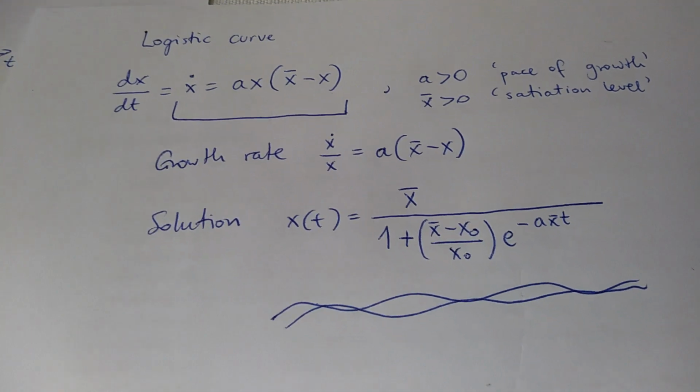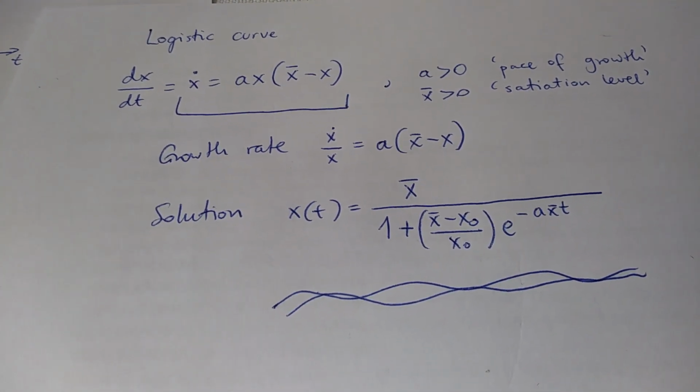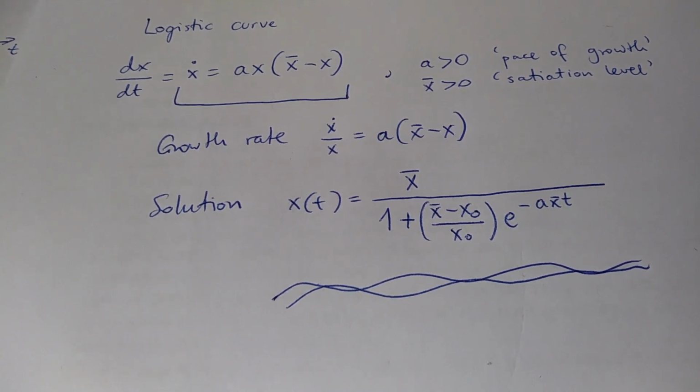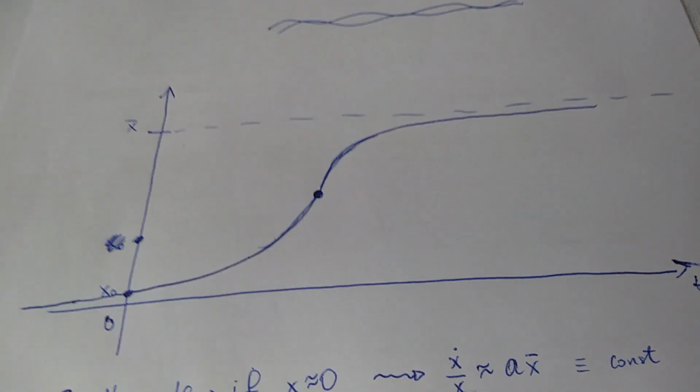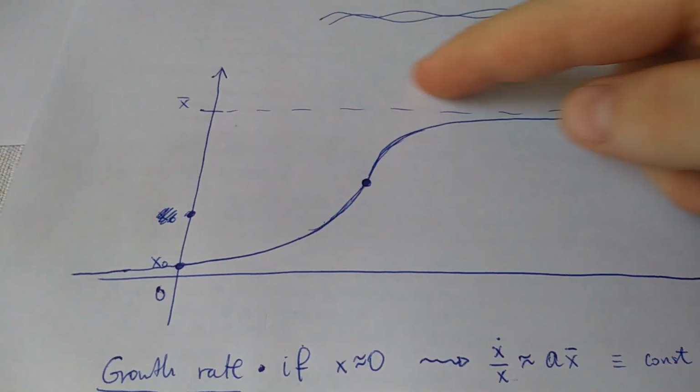So again, I'm not telling you how to solve it. It's a Bernoulli equation. It has a standard method of solving, and so you can get the solution, which is like this. And this is called a logistic curve, which looks like this. It has an upper bound.